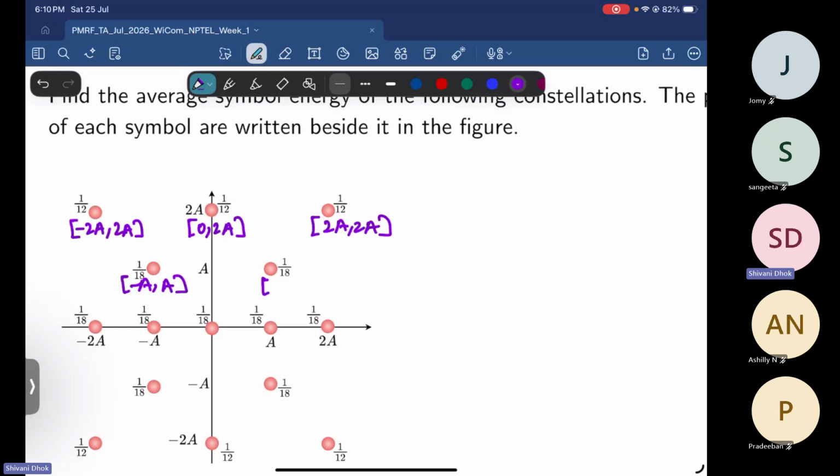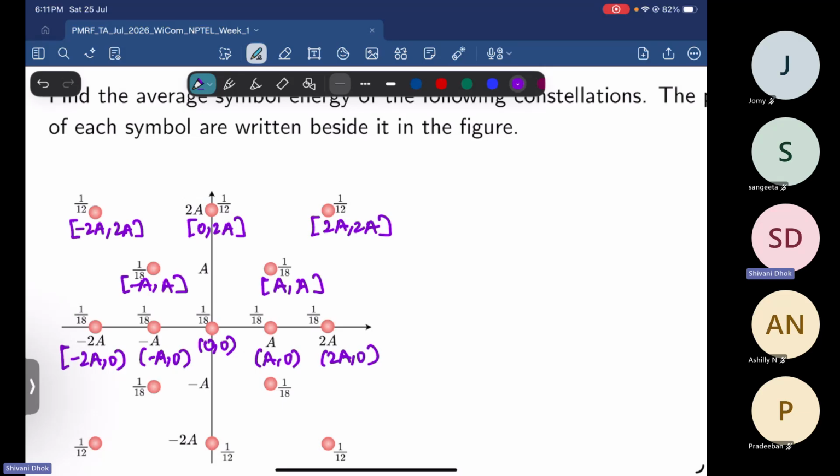This point is a comma a. This is minus 2a comma 0. This is minus a comma 0. This is 0 comma 0. Then we have a comma 0 and 2a comma 0.